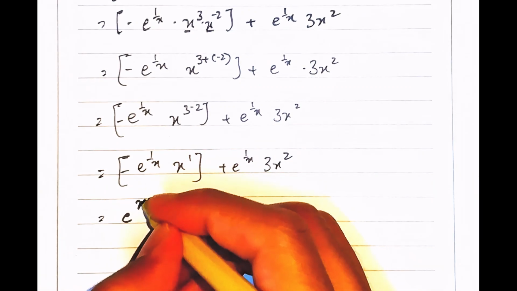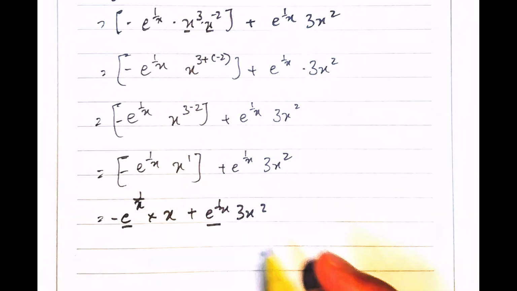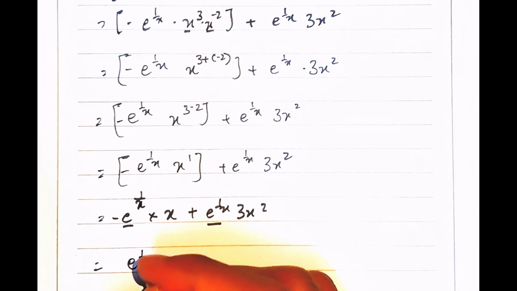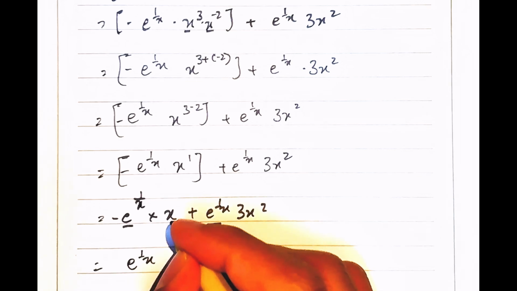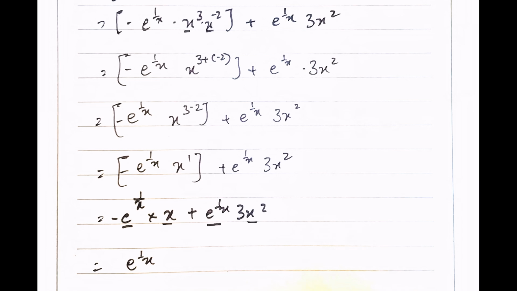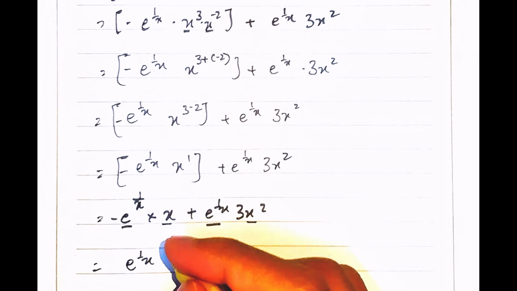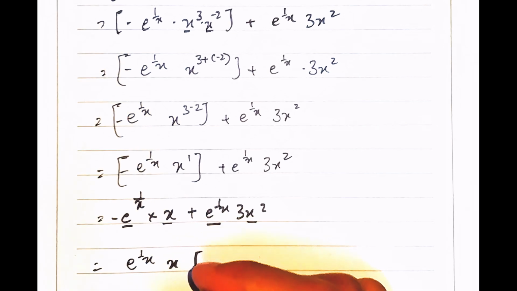So we have negative e^(1/x) multiplied by x, plus e^(1/x) times 3x^2. I can take e^(1/x) out as common, and the x terms are also matching. Only the first power is matching, not the second power. The highest power is squared, the lowest power is 1, and we have to take out the lowest power as common. So let's take out x as common.